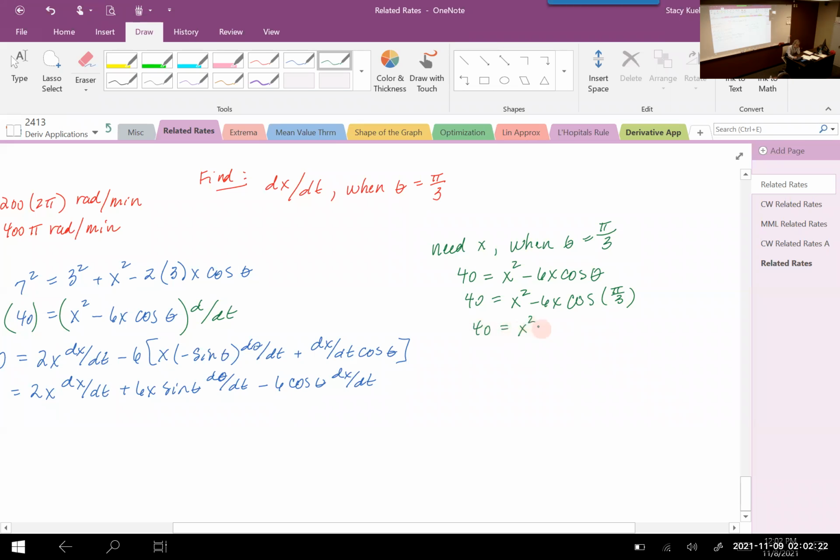So 40 is equal to x squared minus 6x. What's the cosine of pi over 3? It's 1/2. So 40 is equal to x squared minus 3x. It's a quadratic equation, x squared minus 3x minus 40.